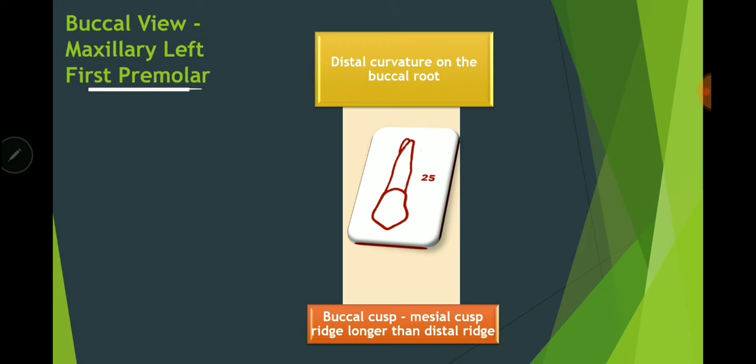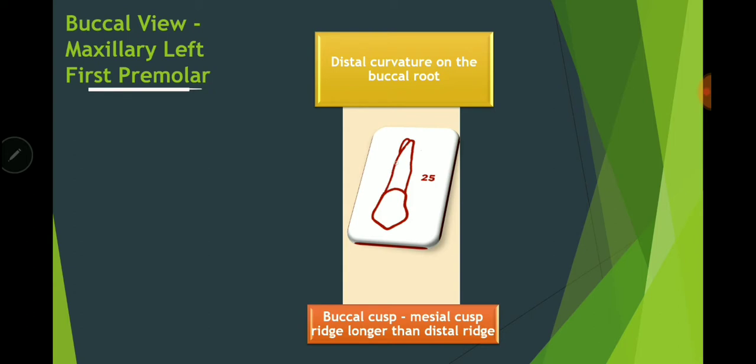And the buccal view, maxillary first premolars. The distal curvature on the buccal root is more prominent, as you can see. So remember, maxillary first premolars have two roots, and the distal curvature on the buccal root is prominent.